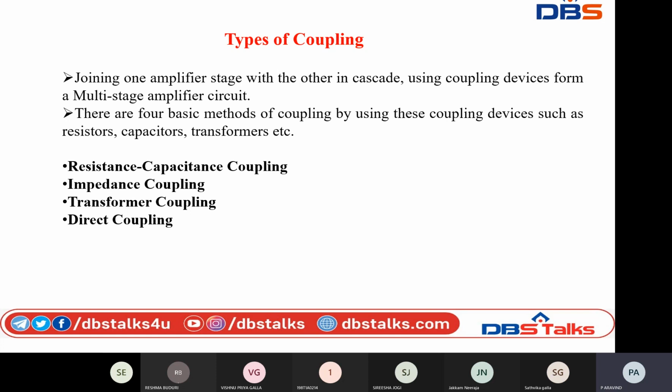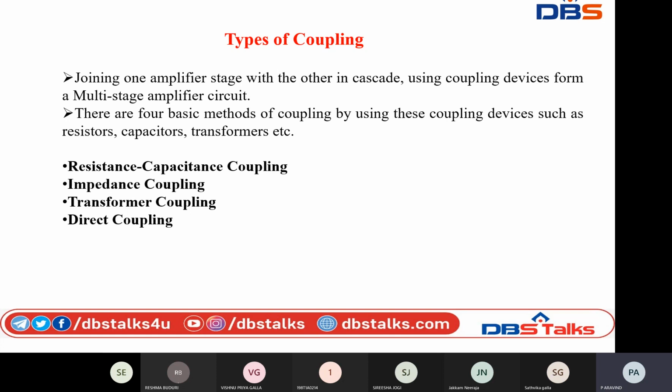And the third one is transformer coupling. In this coupling method, a transformer is used as a coupling device. In transformer coupling, there is no capacitor used because the transformer itself conveys the AC component directly to the base of the second stage.